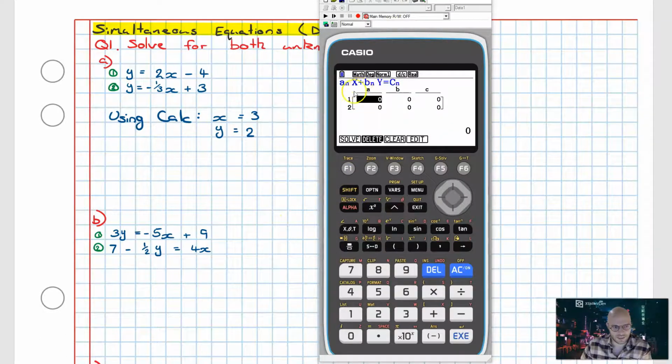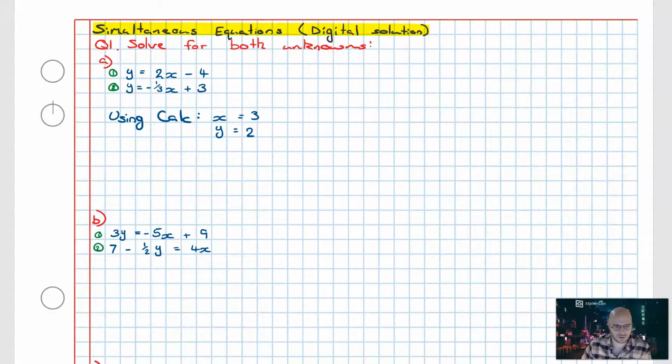Now for this tool here, the way in which we input the equation is very specific. It goes coefficient of x plus the coefficient of y equals a constant. So this is no longer slope-intercept form, but rather a form called general form. So it goes the x plus the y term equals the constant term. So to be able to use this tool, we have to rearrange over here. So what I'm going to do is I'm going to get my first equation, like so, and I'll write out y equals 2x minus 4.